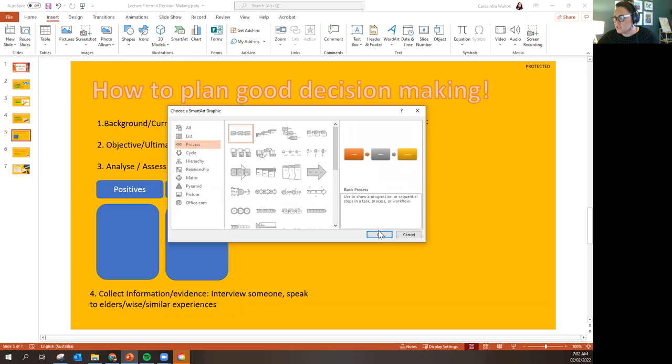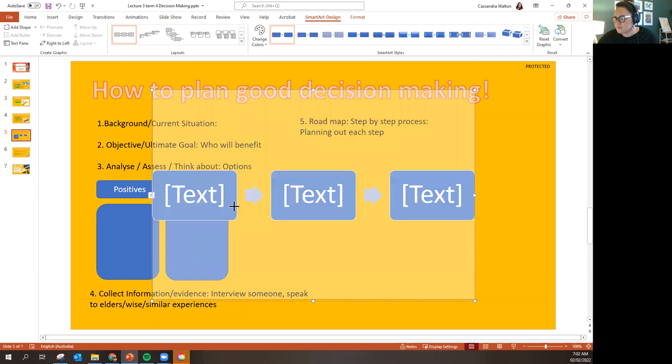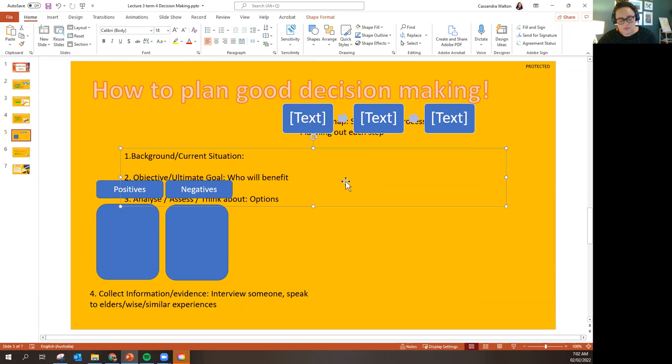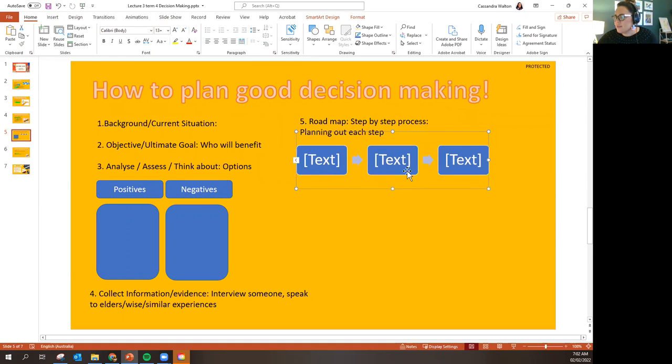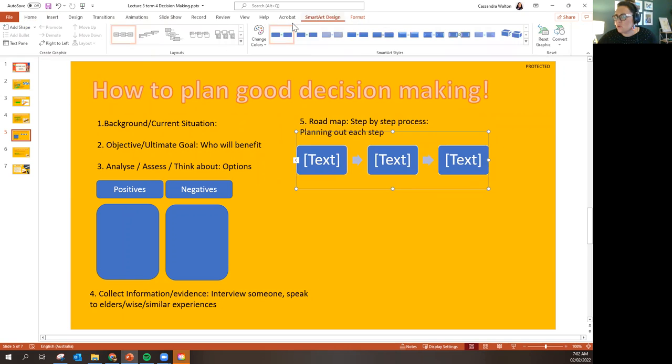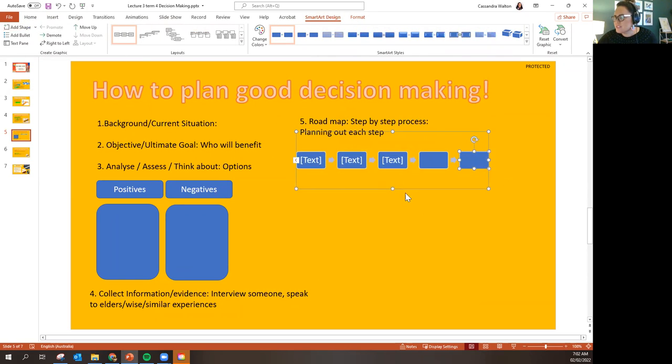Let's say, for example, I'm just going to add this in here. Imagine if this was your steps. So step 1, what do you think you need first? What do you need second? What do you need third to get to the goal? So the goal would be the last one, and this would be your start.